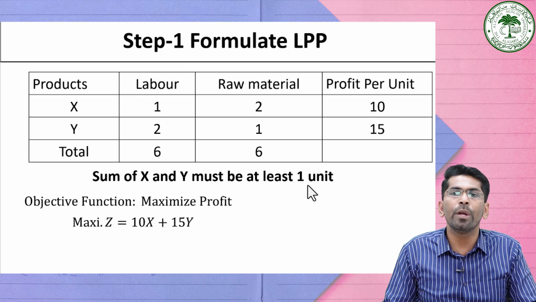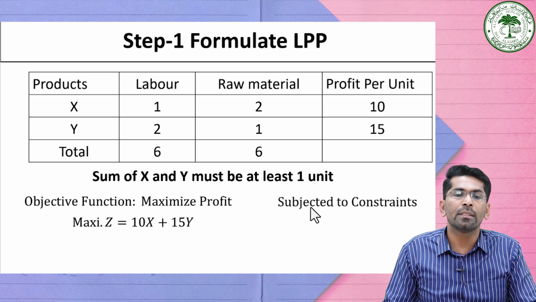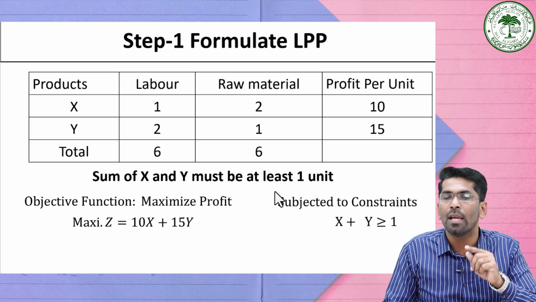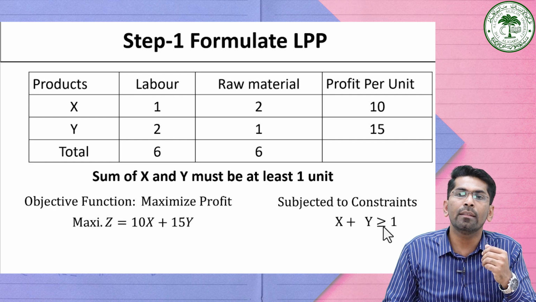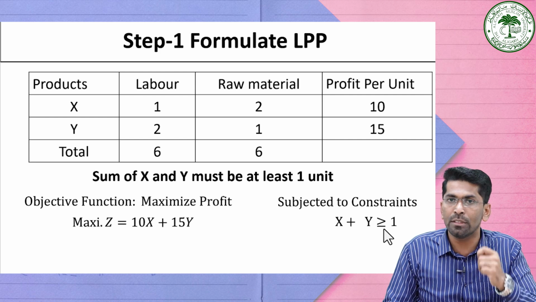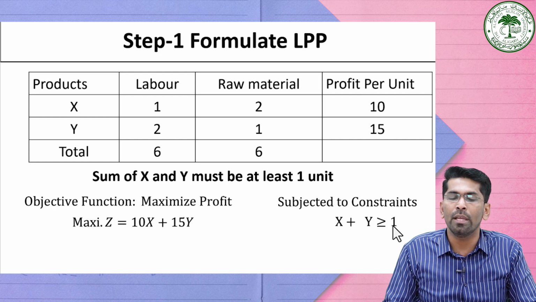This is one of the important constraints, so I am going to express it first, subject to the constraint X plus Y, which is at least 1 unit. So you should produce at least 1 or more than that. So I am putting the sign greater than or equal to 1. The term used is at least 1 unit, that's why I am putting greater than or equal to 1. At least it should produce 1 or more than that, not less than that.